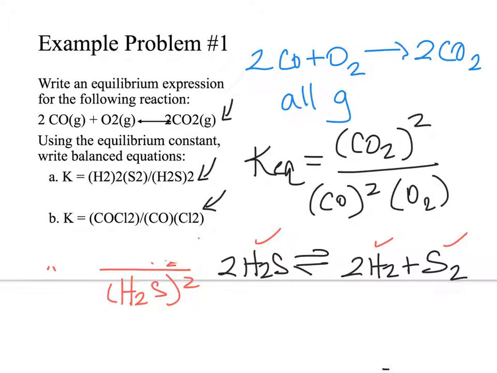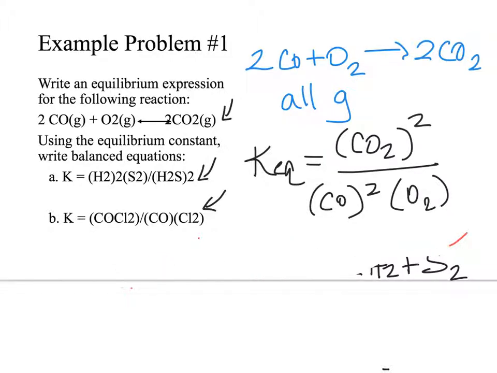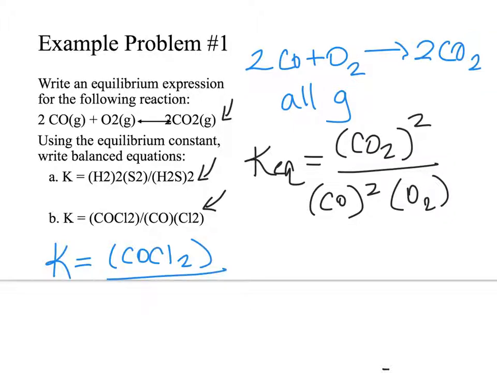All right, I'm going to erase that one, and we'll look at the third example here. In this case we have K is equal to COCl2 over carbon monoxide times chlorine.